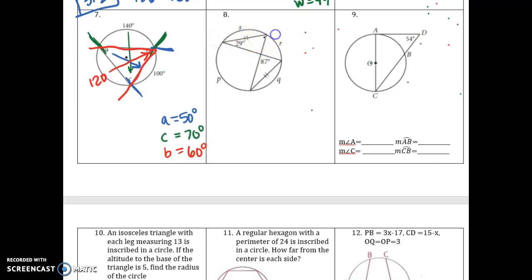All right, so then R. R is going with this 29, so R has to be double 29, which is 58. And then if this is 58, I can think about this inscribed angle here. This inscribed angle has to be the same as that one because they both inscribe 58.